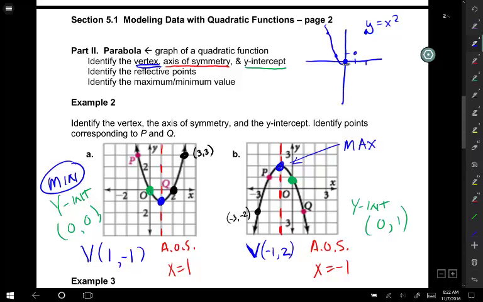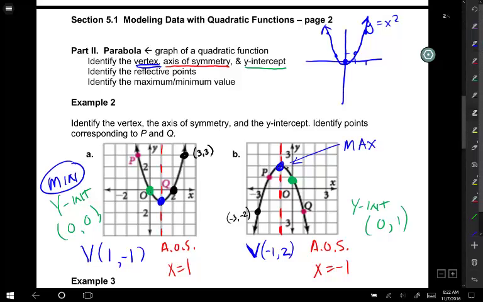For a parabola, when it's just a positive 1x squared, it goes through the pattern of perfect squares. Over 1, up 1, over 2, up 4, over 3, up 9, over 4, up 16, etc. And so if you have a positive 1 or a negative 1x squared, it follows the pattern of 1, 1, 2, 4.